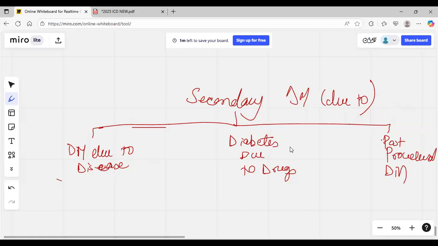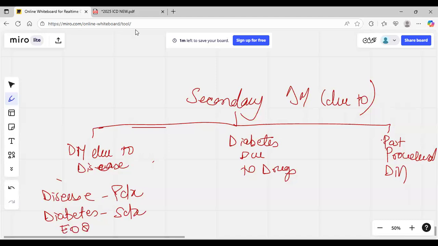So whenever a patient has diabetes due to disease, in that case you have to code the disease as a primary diagnosis, and diabetes as a secondary diagnosis. And for the diabetes, you will use a code from series E08.